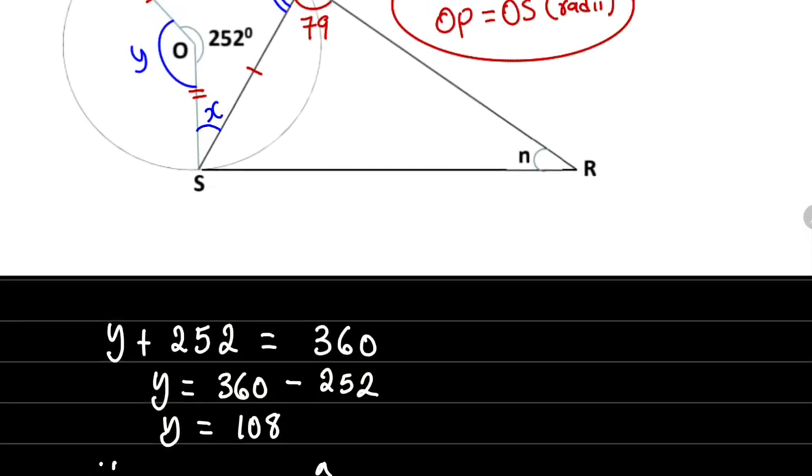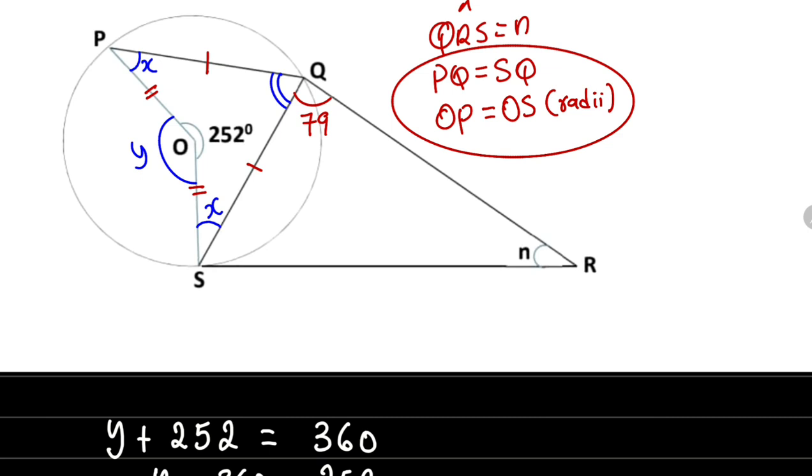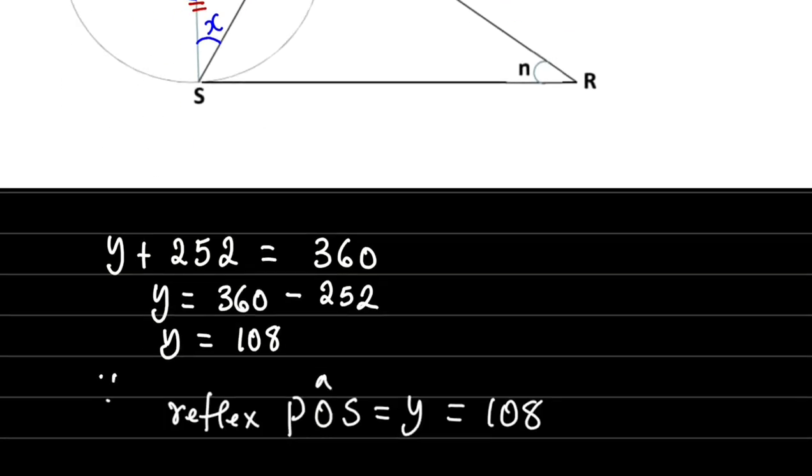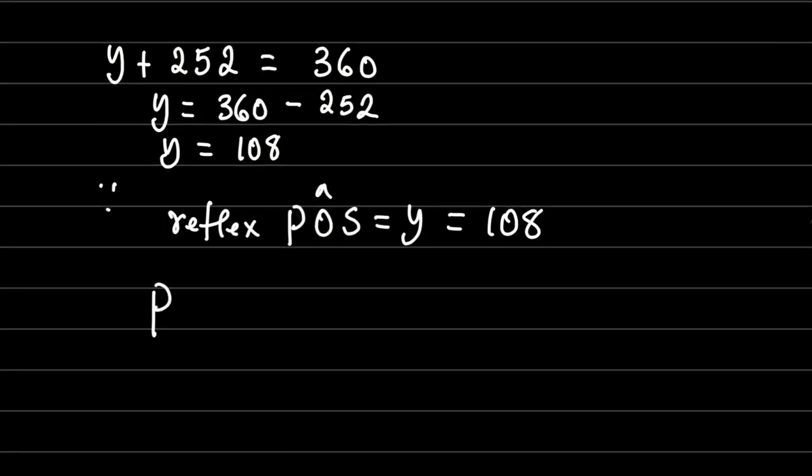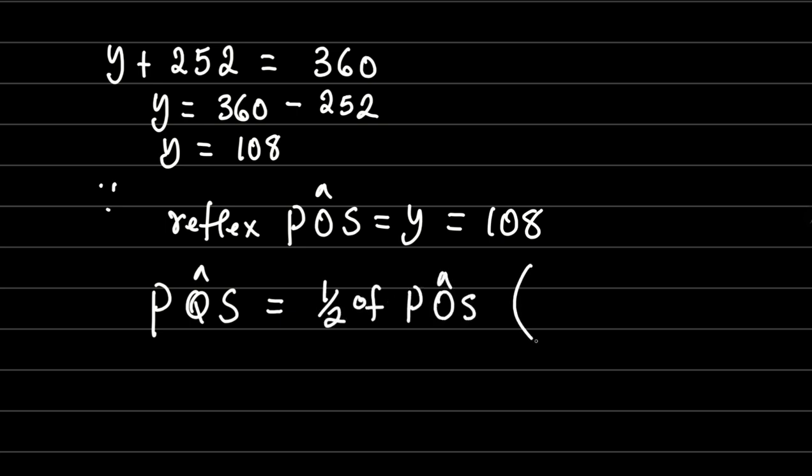All right. Now, I told you I'm going to find the angle at Q. So angle PQS. How do I find PQS? Angle PQS is going to be half of POS. And what is the reason?